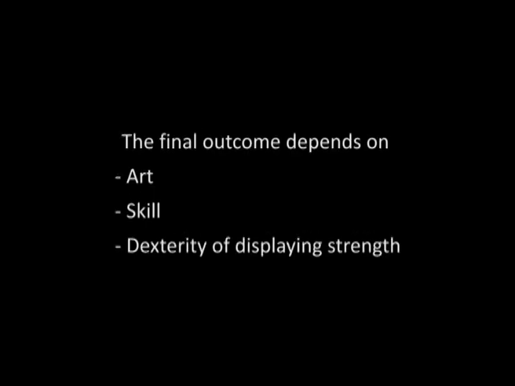It is thus the respective strength of the parties which determines the issue, rather than the arguments, which are largely put on for show, as an element of strength in one party is by the same token an element of weakness in another. The final outcome of bargaining may also depend upon the art, skill, and dexterity of displaying the strength by the representatives of one party to the other.